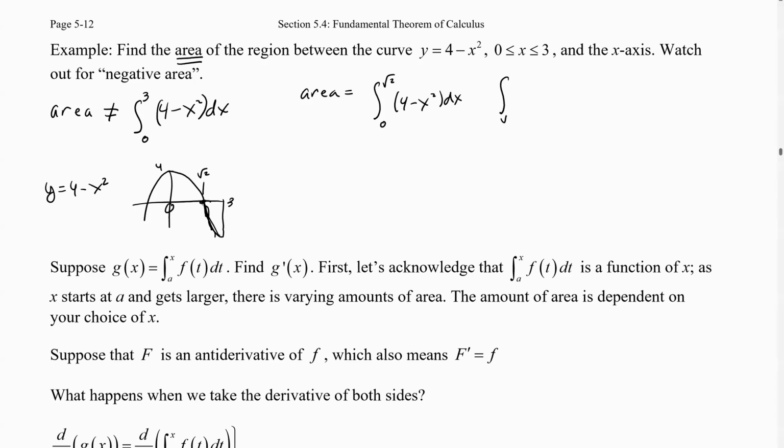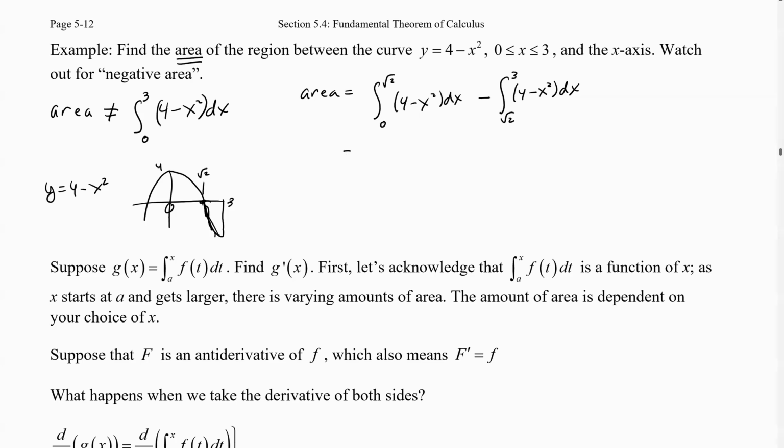And then if I go from square root of 2 to 3, this integral is going to produce a bunch of negative values. So we'll subtract off those negative values. We've taken into account that when the curve is below the x-axis, the definite integral produces negative values.